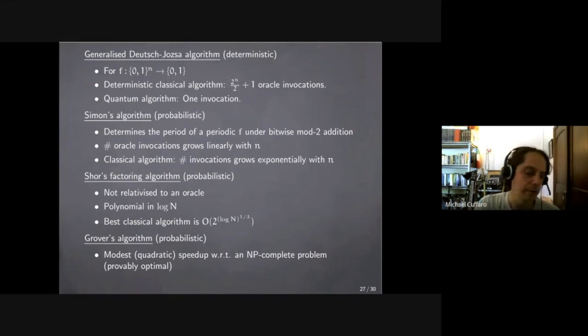Now, what's interesting about factoring in particular is that, while the quantum algorithm is provably better than the best classical algorithm, it would not be wildly implausible that we could come up with a classical algorithm that does better.